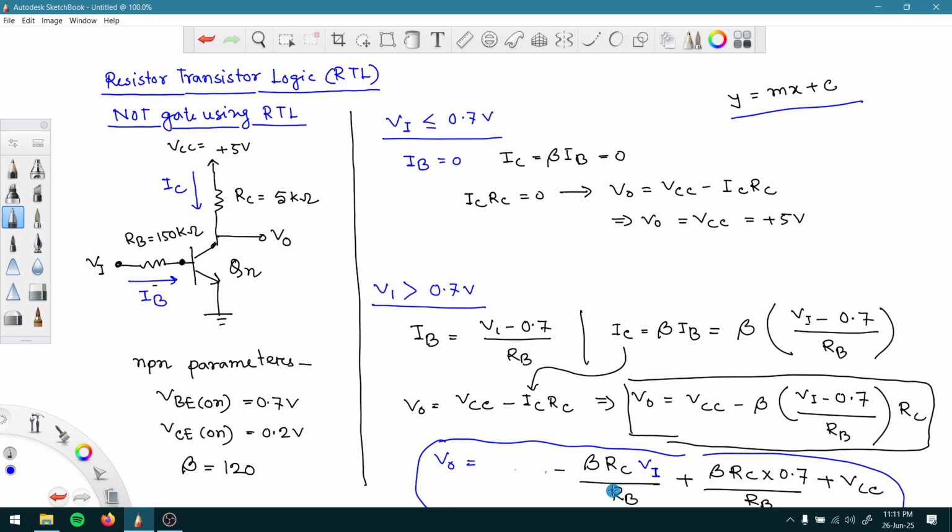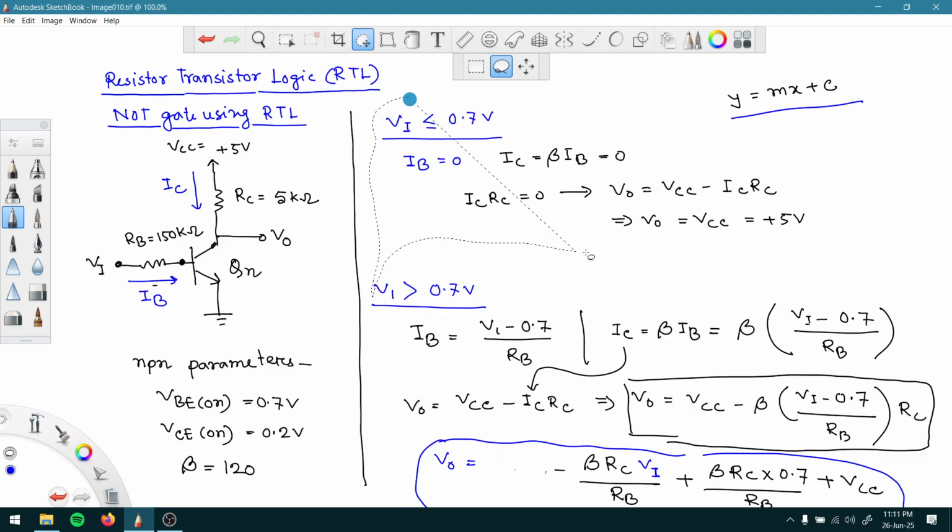This is y and this is mx. This particular portion is the slope, and we have a negative sign. Whenever we have a negative sign here, that means this straight line will have negative slope, and this whole thing is a constant c. Just try to remember this portion for now. We will take help from this equation whenever we try to draw the voltage transfer curve.